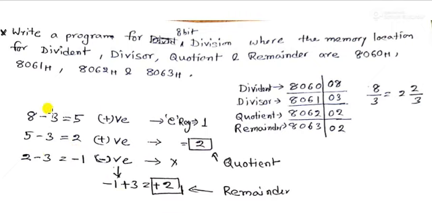That is, every time we subtract, if the value is negative, then we perform addition of the result and the value of the divisor. So minus 1 plus 3 equals plus 2. So here this is my quotient and this is my remainder.